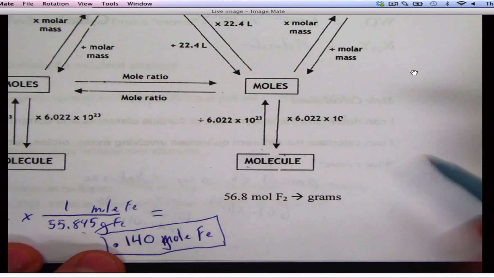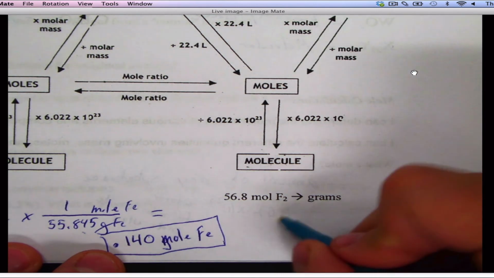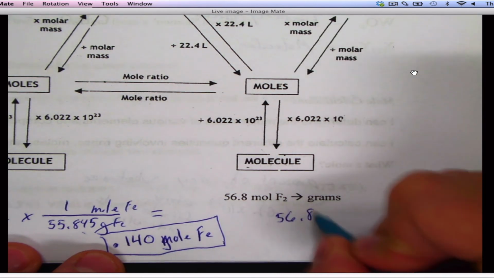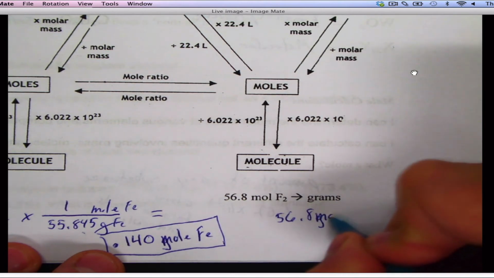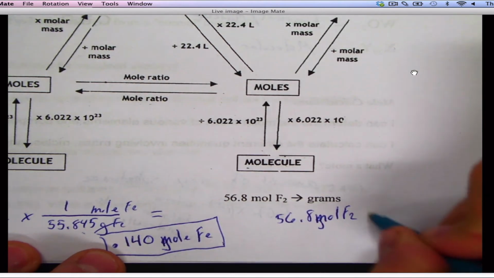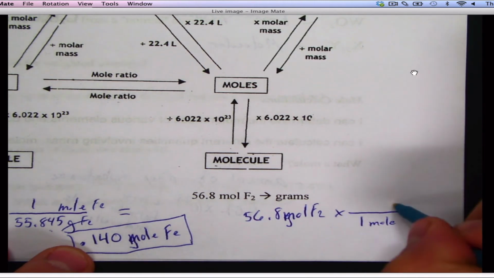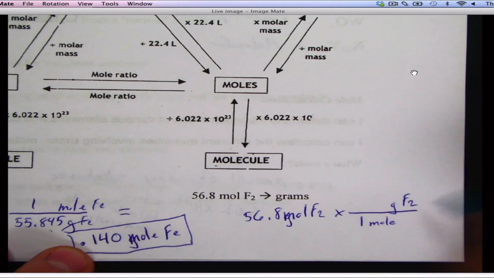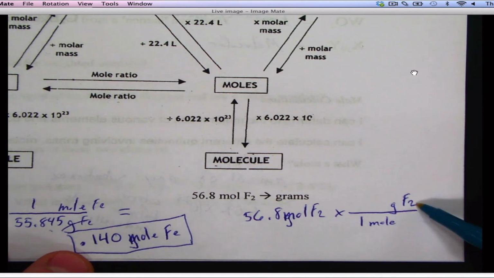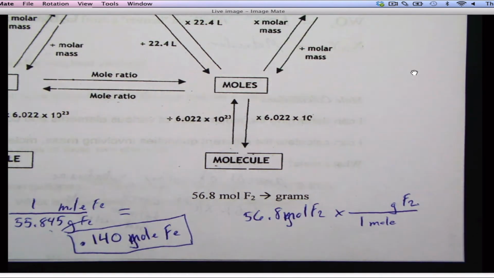Now, 56.8 moles of F2 into grams. My starting amount is 56.8 moles of F2. Because I want to get rid of moles, 1 mole goes on the bottom, and my grams of F2 goes on top. Now notice the formula is F2. That means I need 2 fluorines.